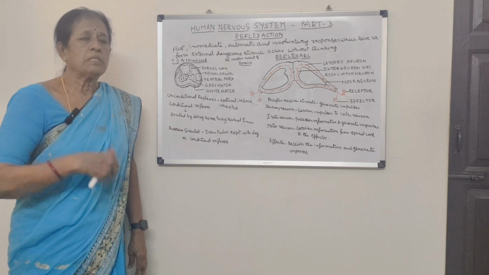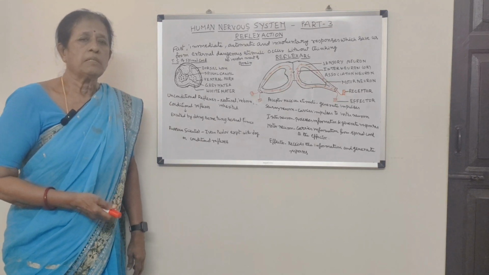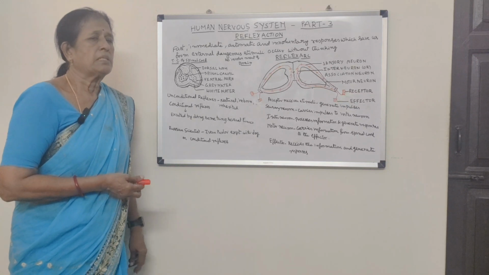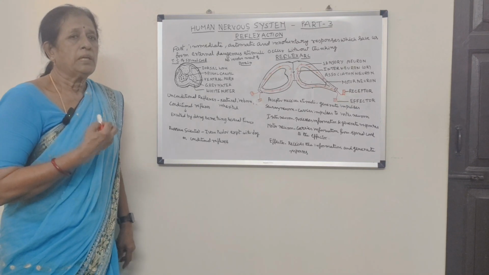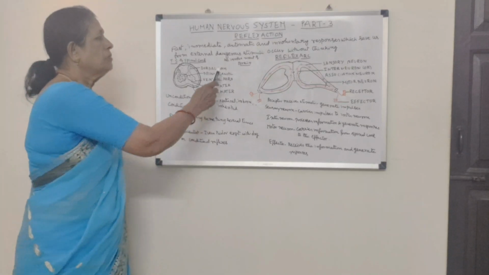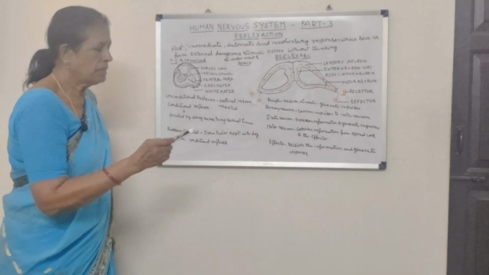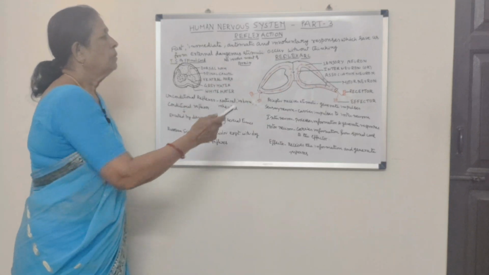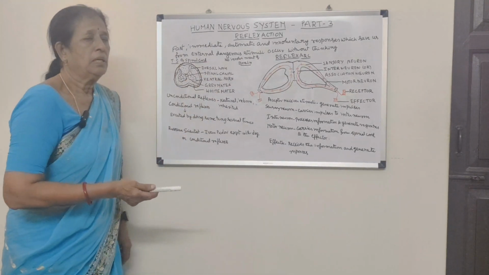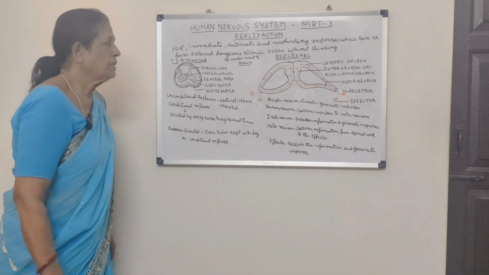If sharp, intense light falls on our eyes, immediately we close our eyes without thinking. Such actions save our organs from getting damaged, and there is no involvement of the brain. These reflex actions are executed only by the spinal cord. Very fast, immediate, automatic. Such actions are called reflex actions.